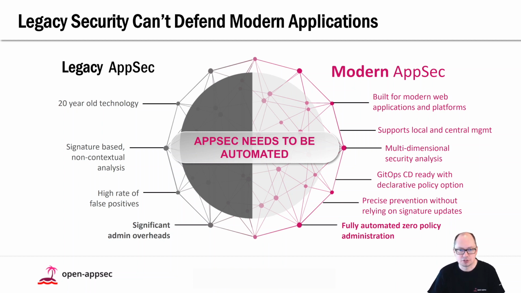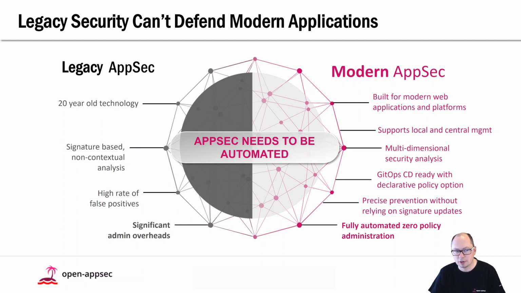A modern application security solution, on the other side, should first of all be built for modern web applications and platforms. That means, for example, support for Docker and Kubernetes and all the modern platforms that we see these days in the public cloud and also locally. It should support the option to have local management and also central management.